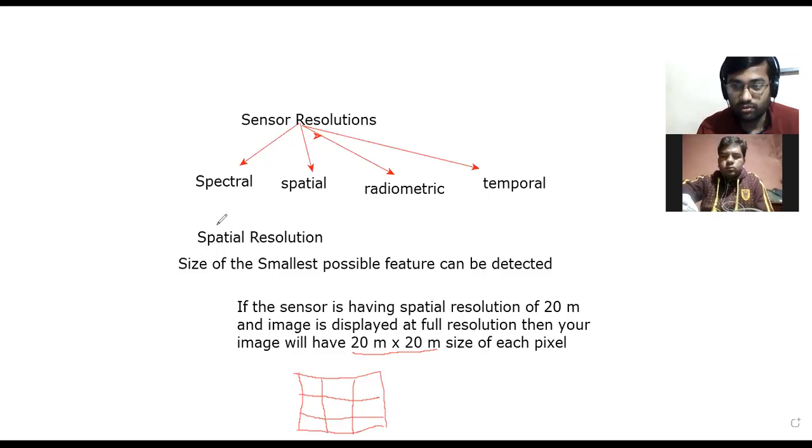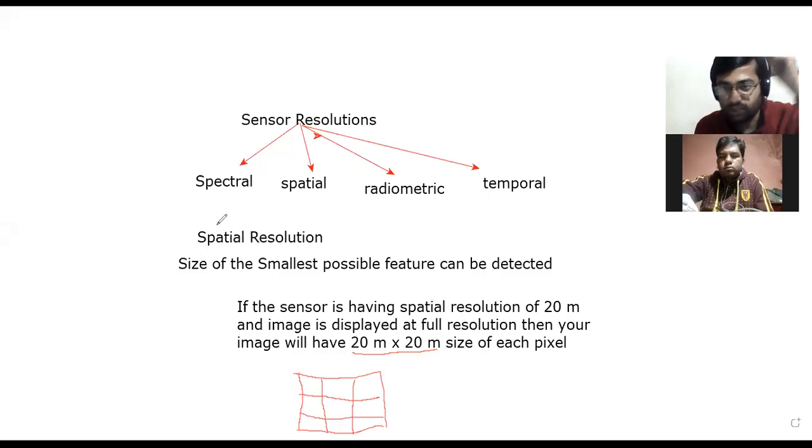So resolution, there is spatial. What is resolution actually? Let's say I am saying a resolution of 20 meter means with the help of a satellite, I can observe every detail up to 20 meter.